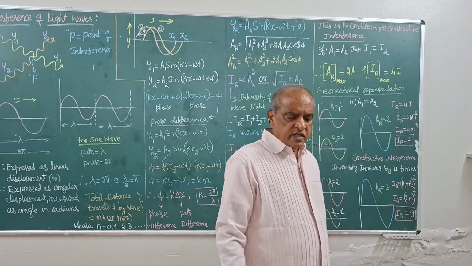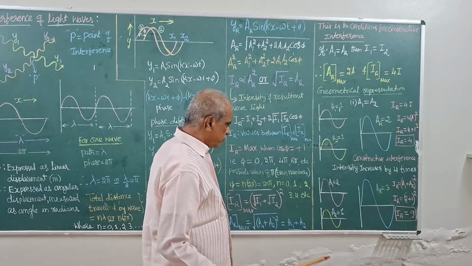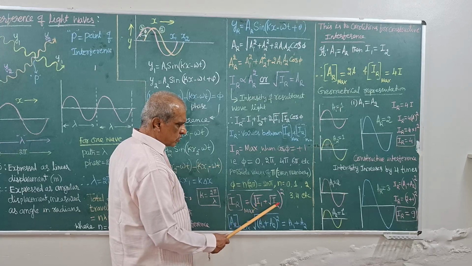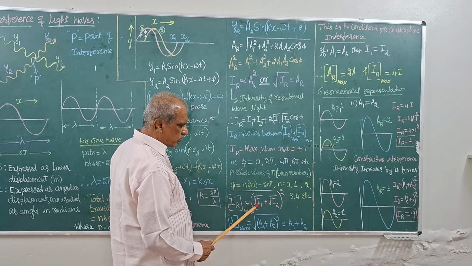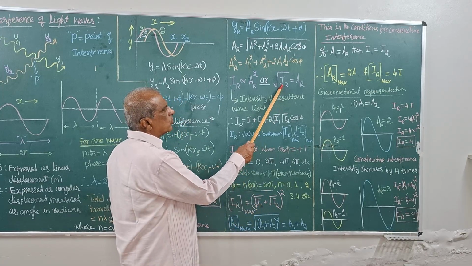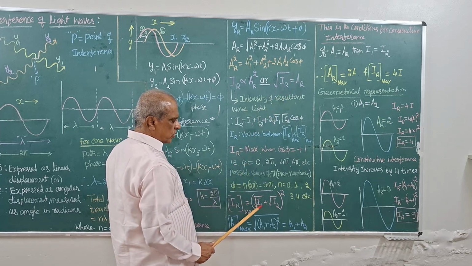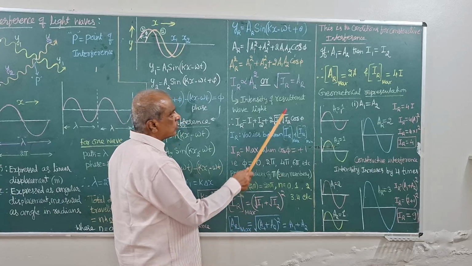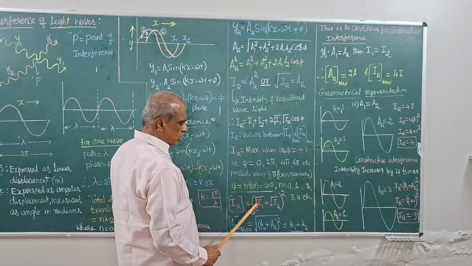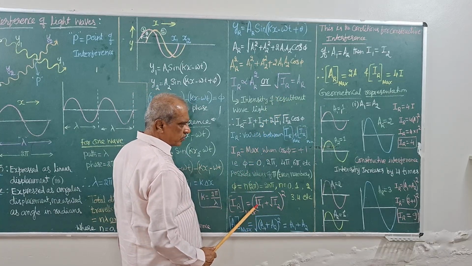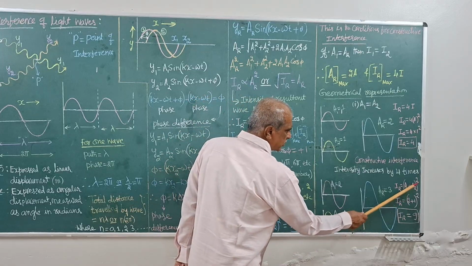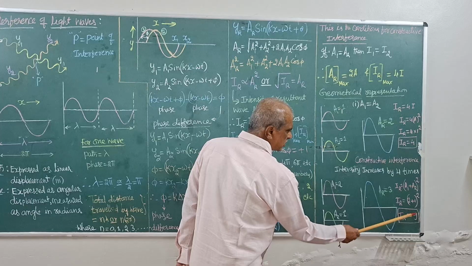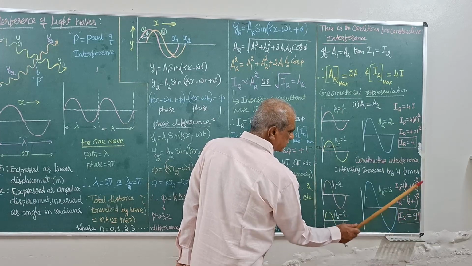And its intensity is calculated in a similar way. For different intensities, we have this equation. What is root I? Root of I equals A. So it is A1 plus A2. Root means A. A1 plus A2. What is A1? A1 plus A2, A2 is 2, A1 is 1, and 2 plus 1 is 3. 3 square is 9.